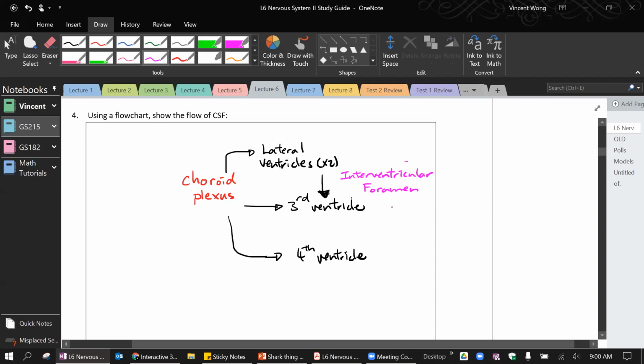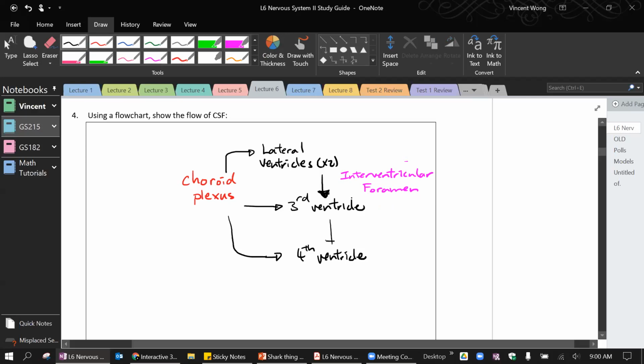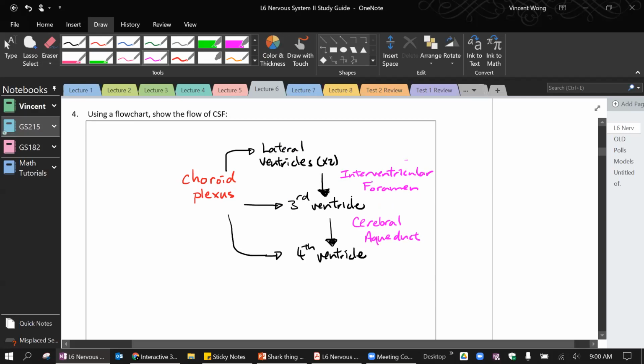Foramen. Okay. Then from the third to the fourth, it is going to be the cerebral aqueduct. Okay.